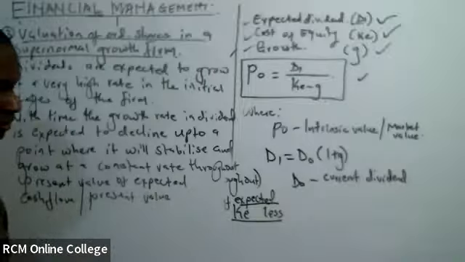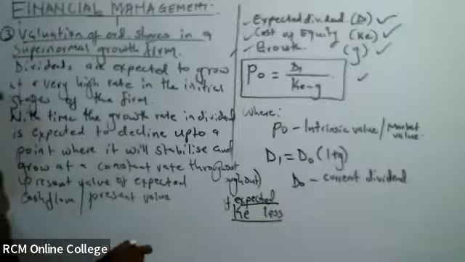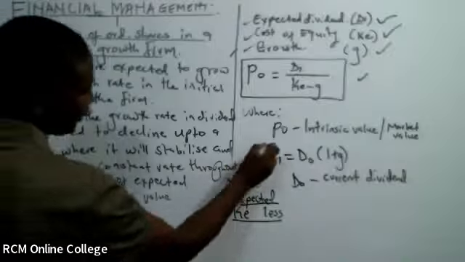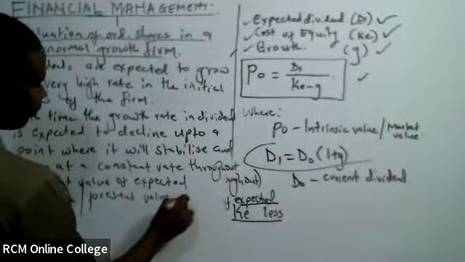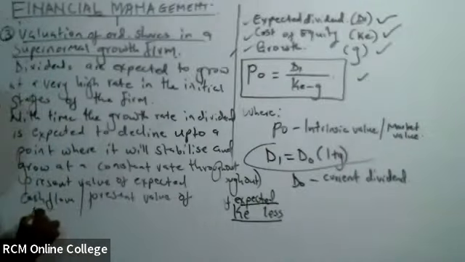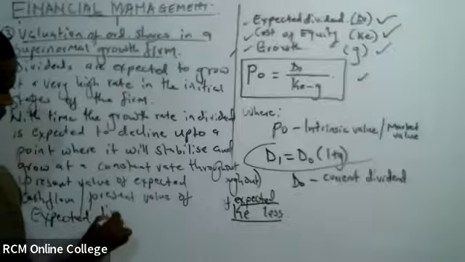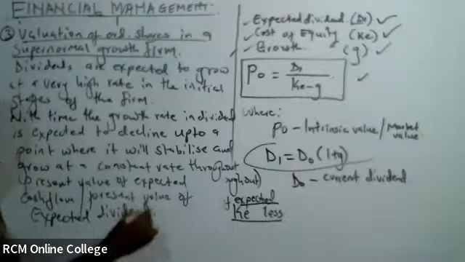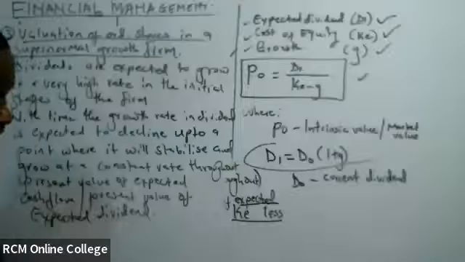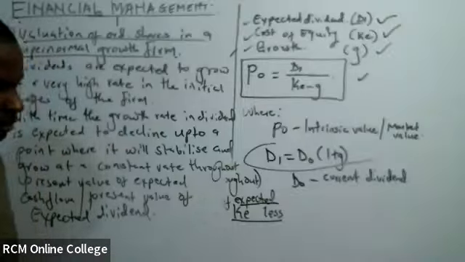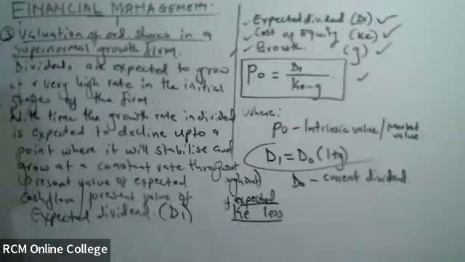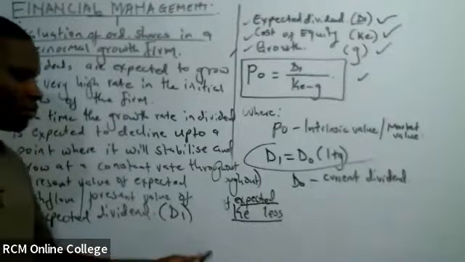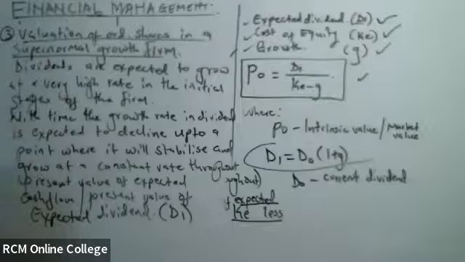Here the expected dividend is very important. Note this formula here. Present value of expected dividend, and that one we say is D1. So the moment you identify your D1, you're good to go.